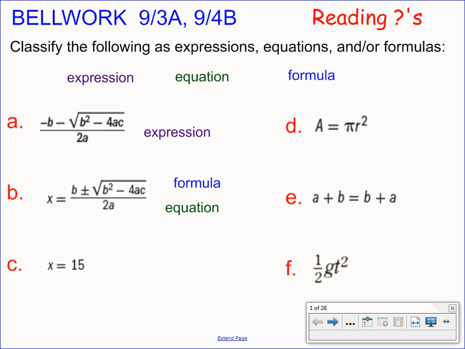That was part of your vocabulary that you're reading in your reading questions. So once again, an equation relates two expressions. So it's one expression set equal to another expression. The formula has the addition that it's one variable solved for in terms of other variables, one or more other variables. So E is both a formula and an equation.